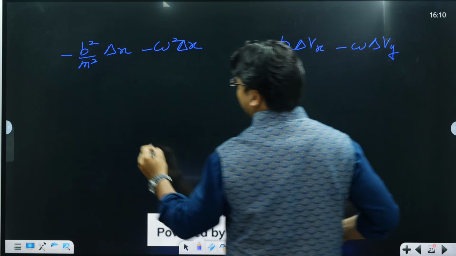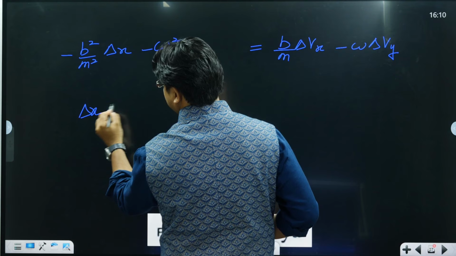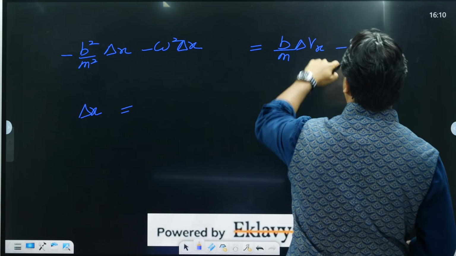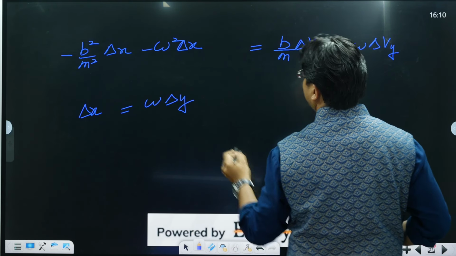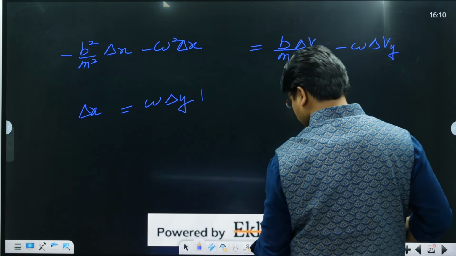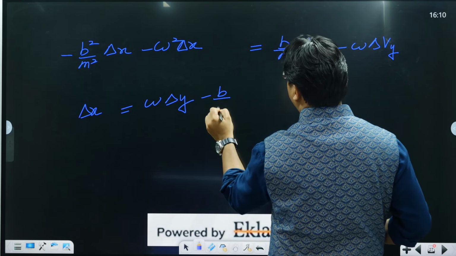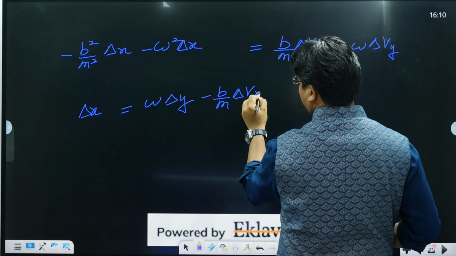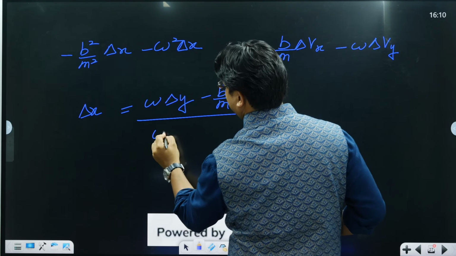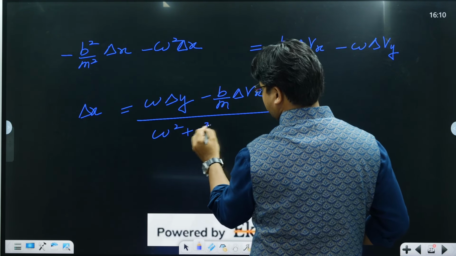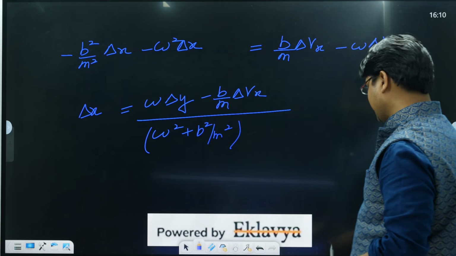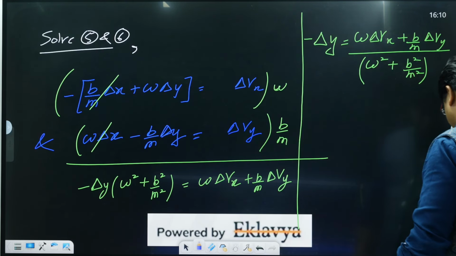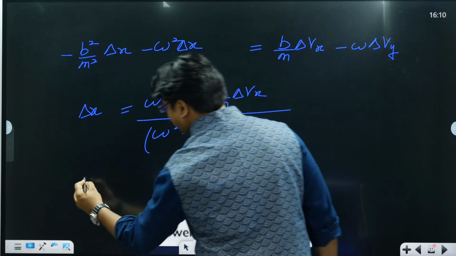So from here we obtain delta x as, I'll adjust the minus sign here, omega delta Vy minus B by M delta Vx divided by omega square plus B square by M square. So we obtained delta x, and here we have obtained delta y. Let me write delta y again here.